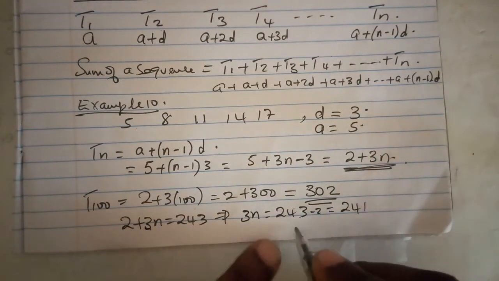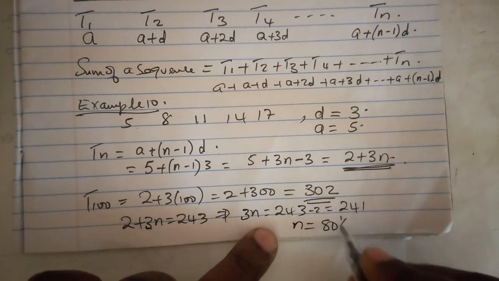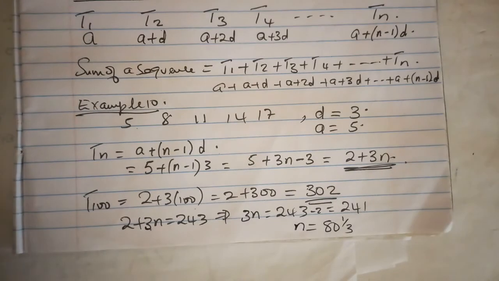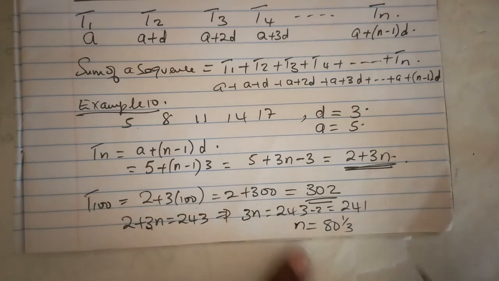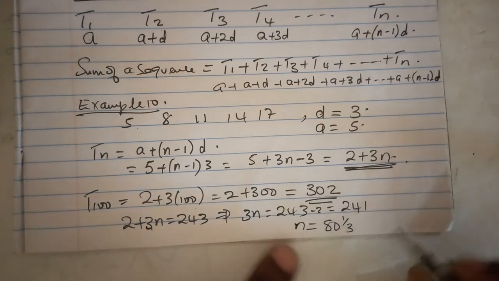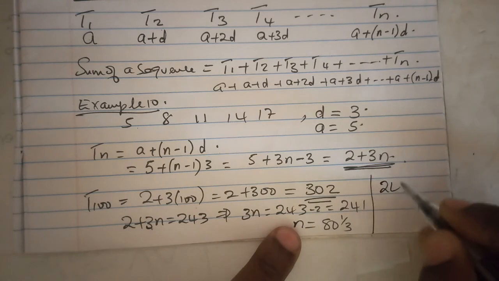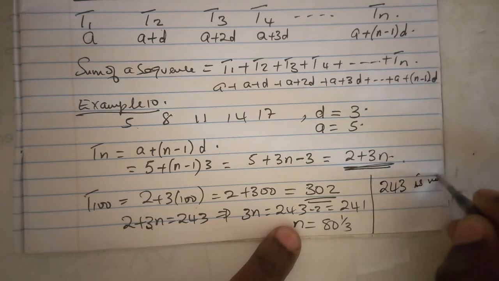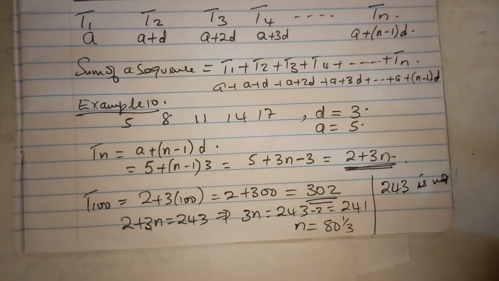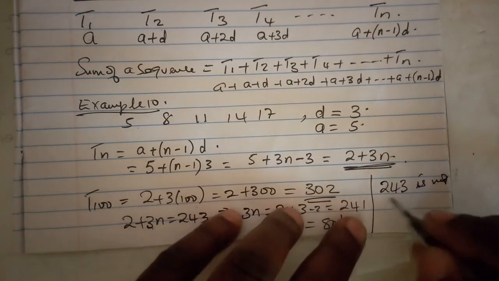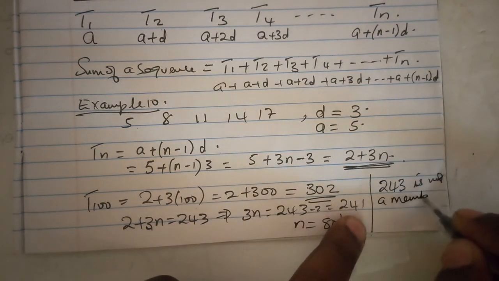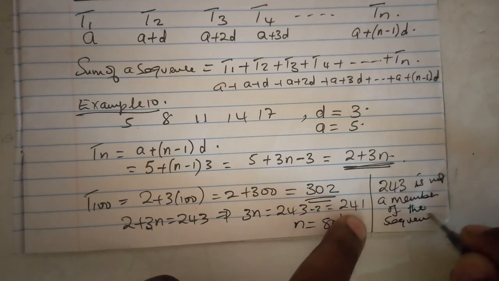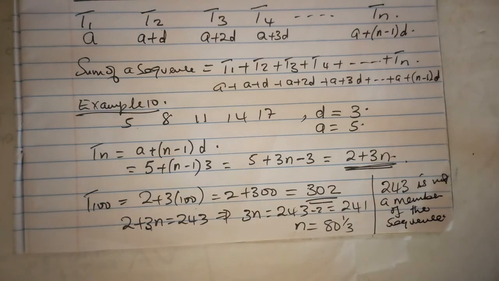And if this is true, then divide both sides by 3. We're going to have n is 80 and a third. And 80 and a third cannot be a position. We do not have a position 80 and a third. And since n is not an integer, then we can easily say 243 is not a member of this very sequence.